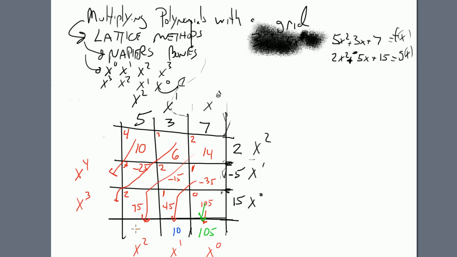Plus, so this is 74. That was to the 2nd power. We can now look to the 3rd power, and we have a minus 19. And we have 10 here.